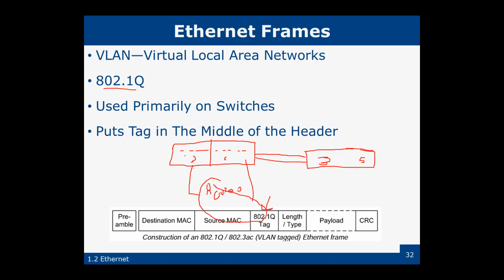It sends the traffic from VLANs 3 and 5, and if we have traffic on 5, it gets a tag that says, hey, I'm VLAN 5. When it gets here, the tag is stripped out as it comes into the switch, and the switch sends it to VLAN 5, and none of the traffic goes to VLAN 3. So we can have virtual local area networks using switches and using Ethernet, if that makes sense.